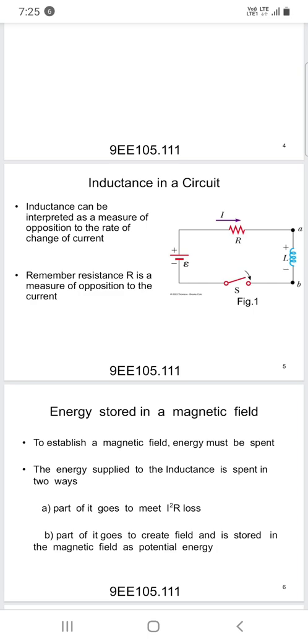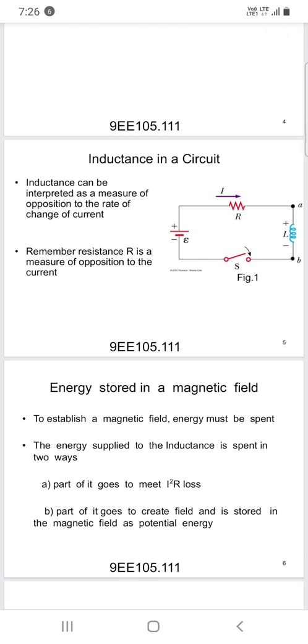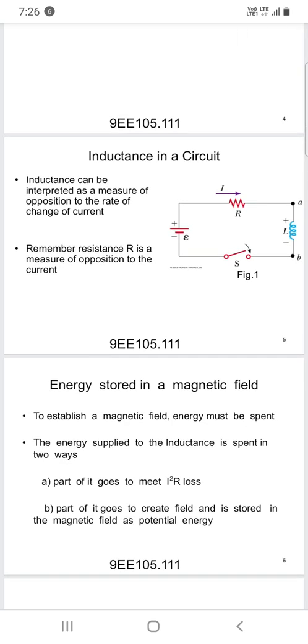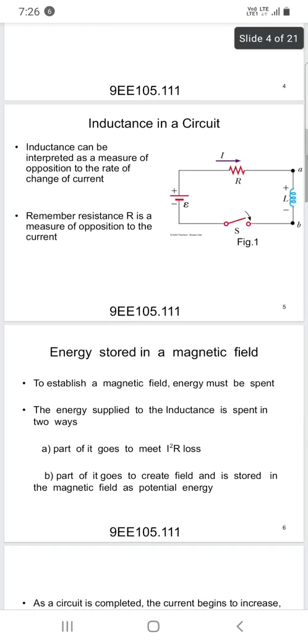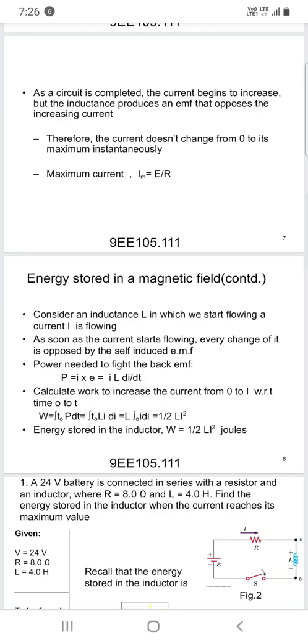So E is equal to L into di by dt. The power of this circuit is P equal to V into I, where V is nothing but E, the induced EMF produced in an inductor. So the power is equal to I into E, where I is the current flowing through the circuit.